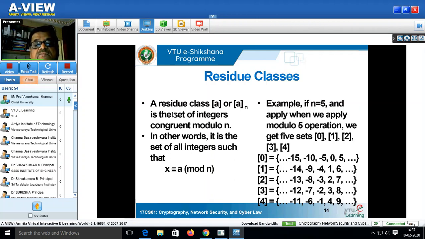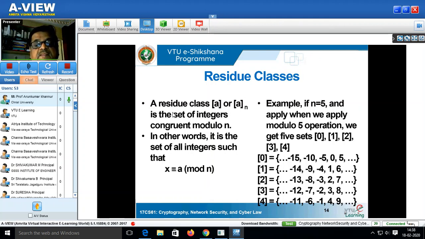Minus 5 gives 0, 0 mod 5 is 0, and 5 mod 5 is also 0. So the residue class 0 has the values which give rise to residue 0 when divided by 5. The set consists of all those values.